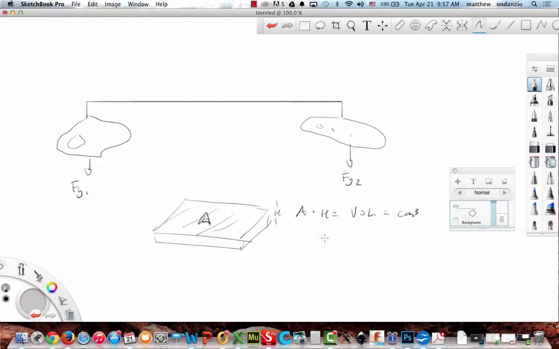If the material has a certain density, in grams per cubic centimeter, times your volume in centimeters cubed, that gives you grams, the mass of your object. And the mass times gravity gives you your force, your weight. Does that make sense? You'll double check it, but we have the weight.